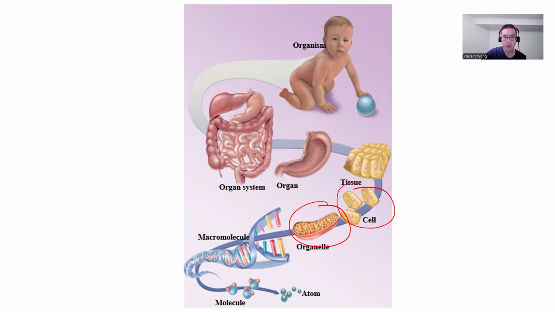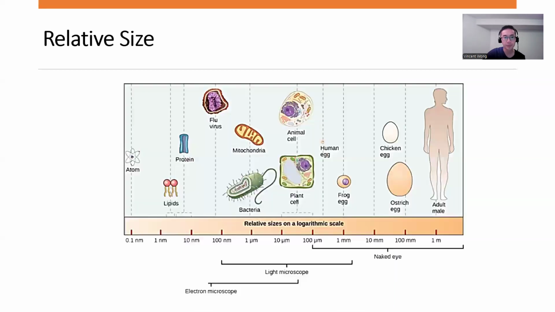So today we will be talking about what a cell is, and we will learn some of the organelles that exist inside the cell. So how big is a cell? Well, a cell ranges between 10 micrometers to 100 micrometers, depending on what kind of cell you're looking at.